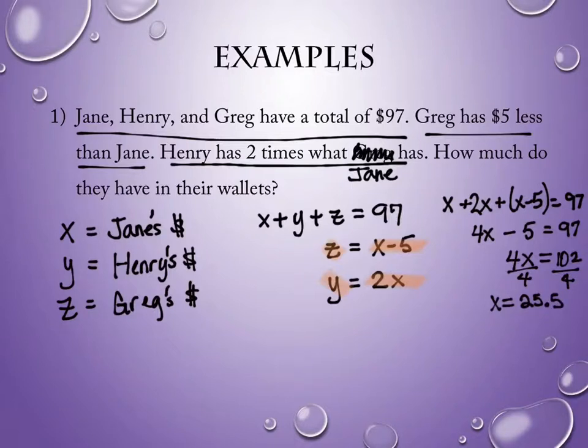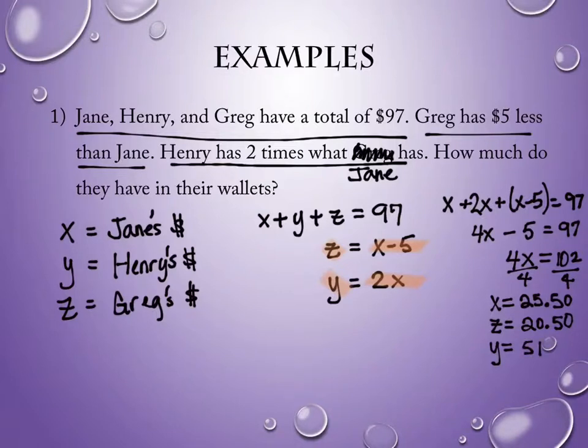Okay, fabulous. So if x is 25.5, what's z? 20.5. I could probably write 50 if it bothers you because it's change, right? And what would y be? 51 is right. Yeah, 51.